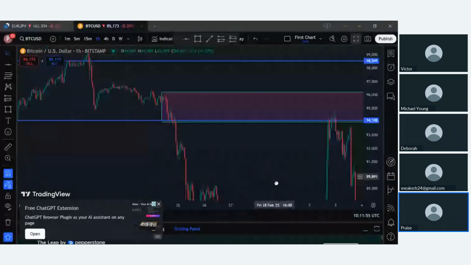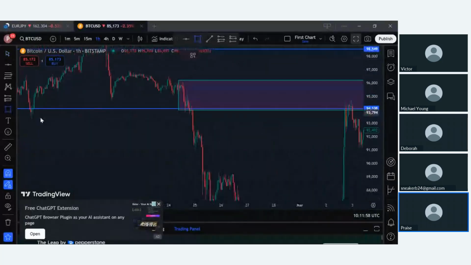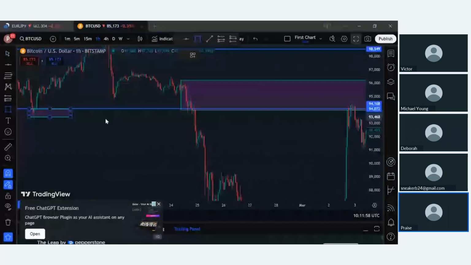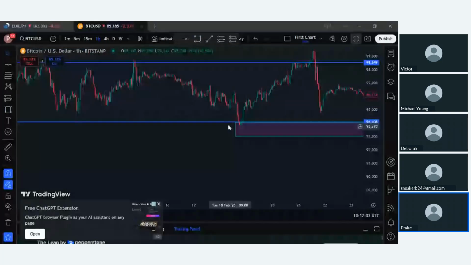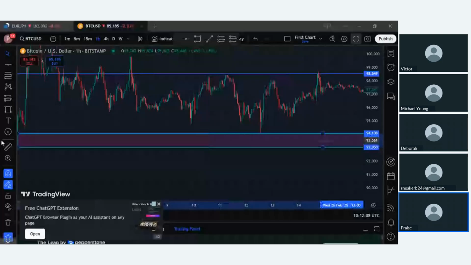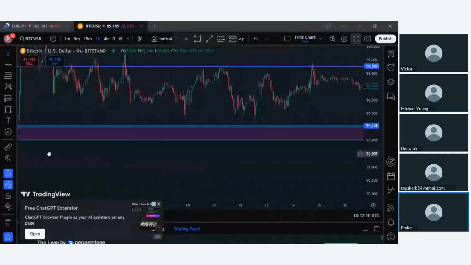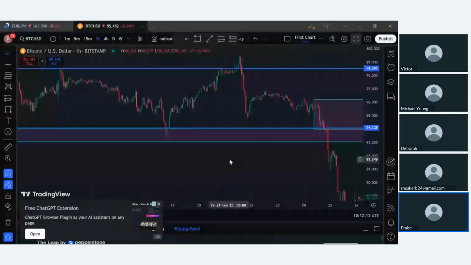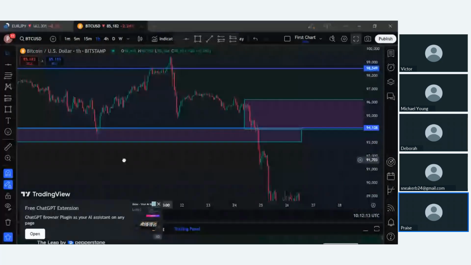So two things you are looking for. One, you want to mark this zone, because this is now our support zone. Everywhere below this that refused the market from going further inside this range is referred to as our support zone, right? Because it prevented the market from going further downward.